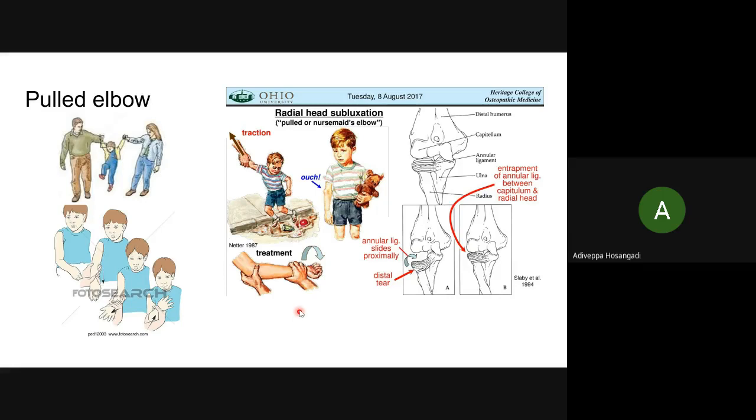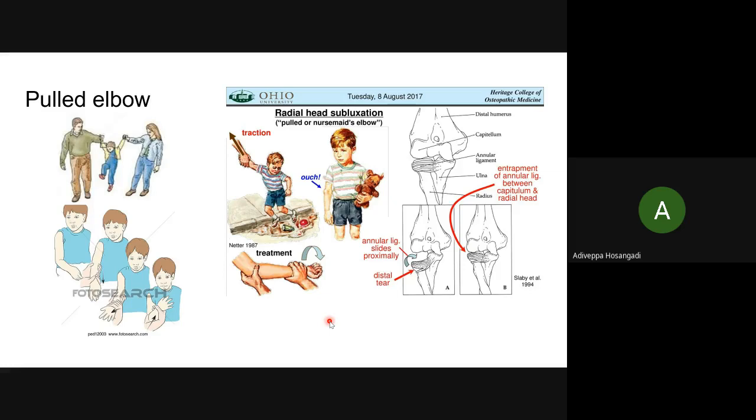The radial head is subluxated out of the annular ligament. So the child is brought with sudden onset and inability to move the elbow. The child doesn't allow you to touch the elbow and doesn't move it.